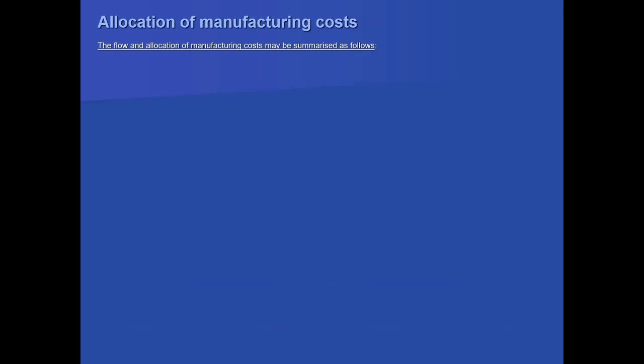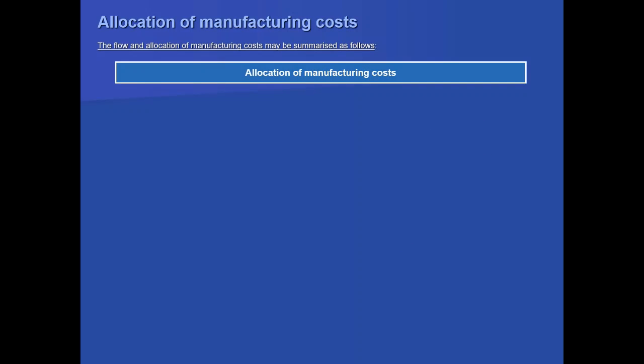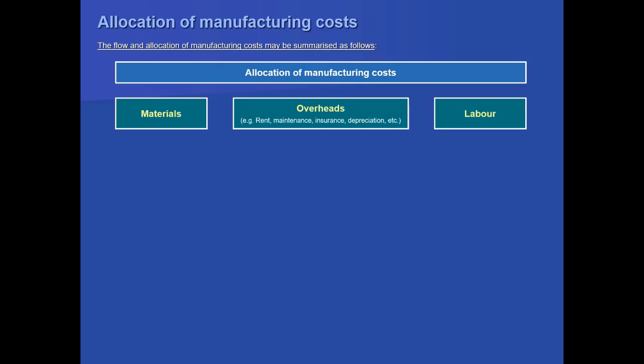So let's look now at the allocation of manufacturing costs. The flow and allocation of manufacturing costs may be summarized as follows. So we have the materials, we have the overheads like the rent, the maintenance, the insurance, the depreciation, all the ones that relate to the factory, and then we have the labor.